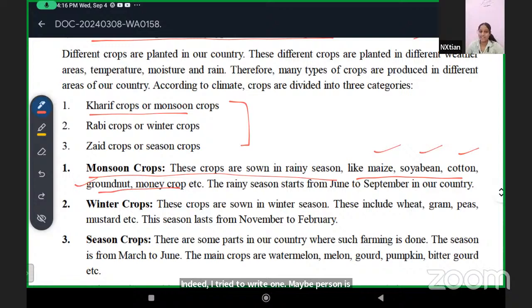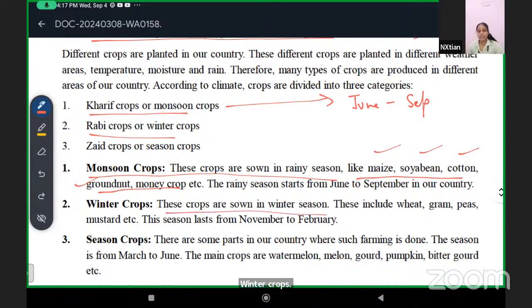When does the rainy season start in India? From June it starts and goes on to September. So monsoon crops are grown in the June to September season. Then there are rabi crops or winter crops. Why winter?